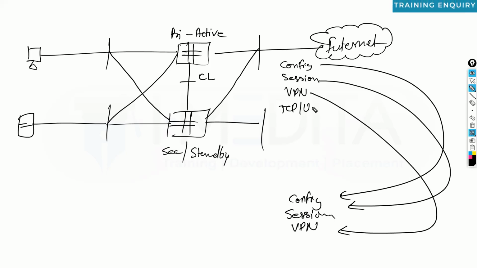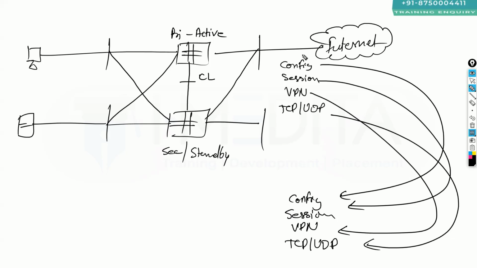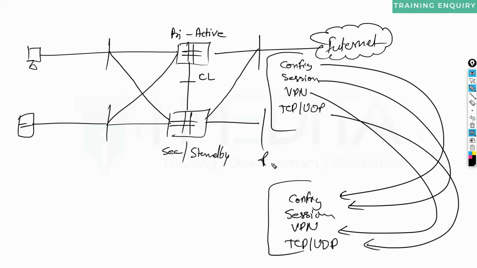Any TCP or UDP connection will be shared with your secondary firewall. It means real-time config and sessions will be shared with each other.